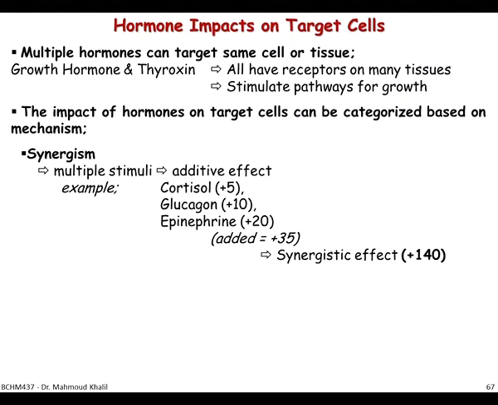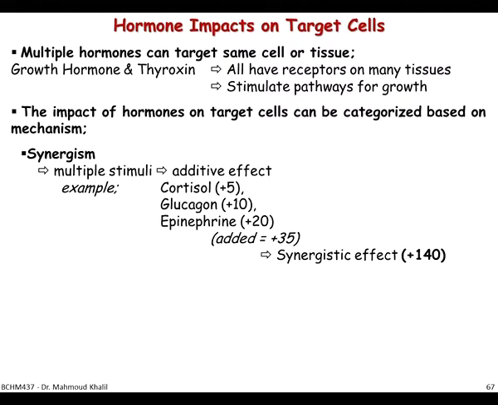If you add them roughly, it will be +35. But actually, this is not what happens. There is a synergism, which means the effect by a certain mechanism is amplified to reach +140.